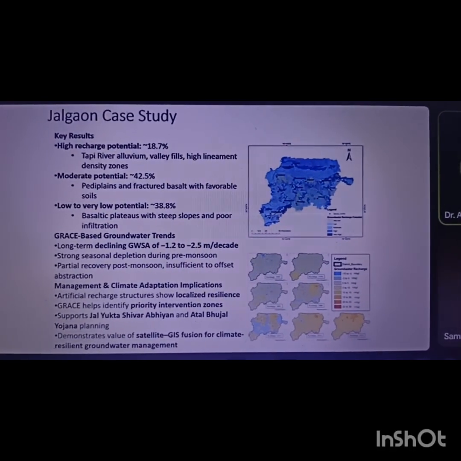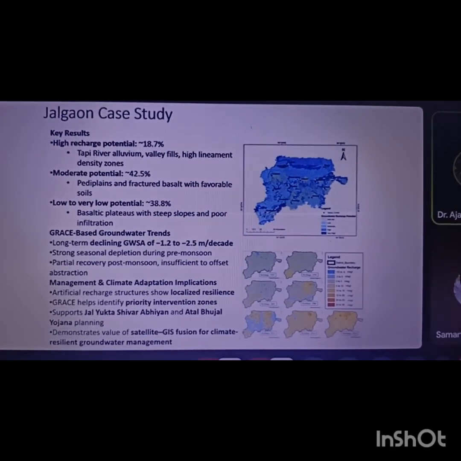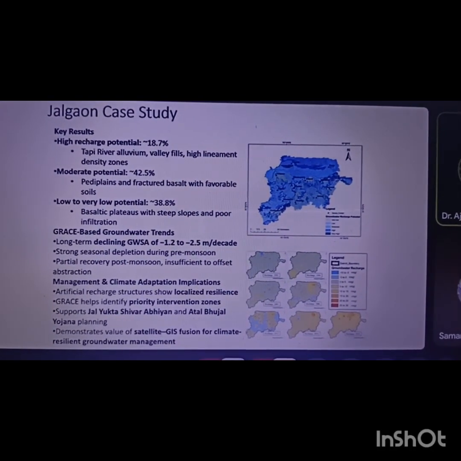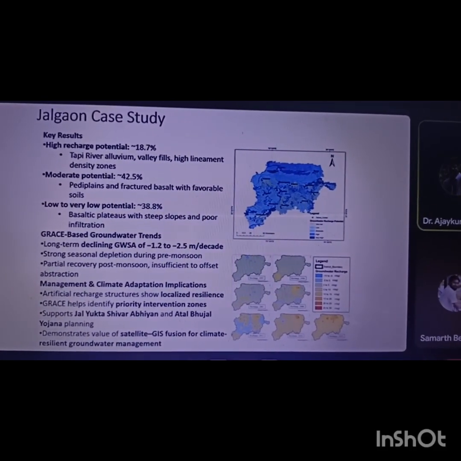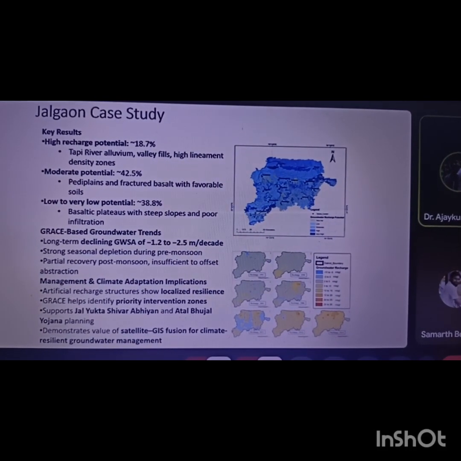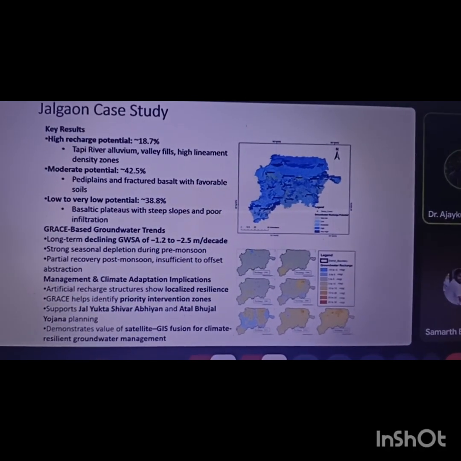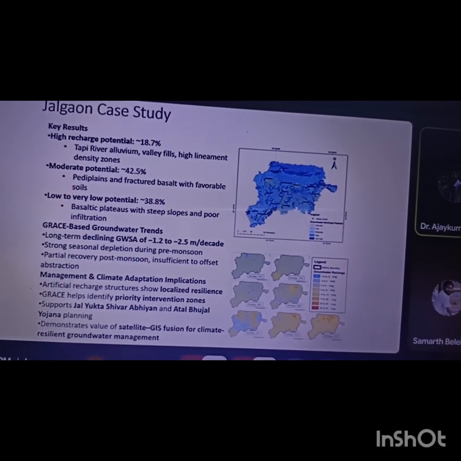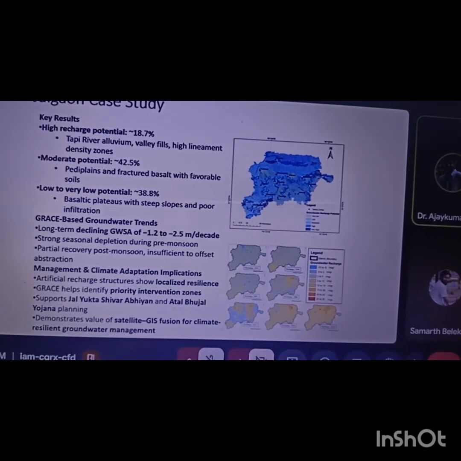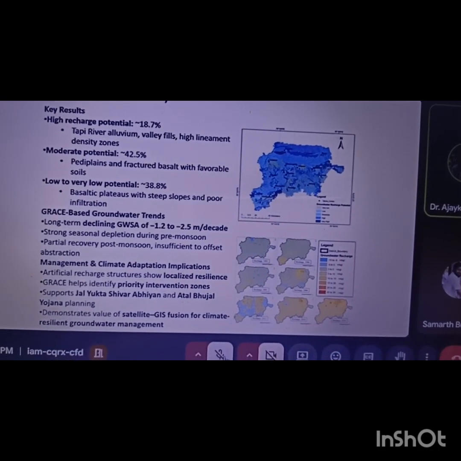As we always know, whenever March and April come, all the groundwater levels go down, and then there is the question of how the recovery will happen. There will be a partial recovery and an insufficient offset of abstraction. So we can easily give the implication for that area.